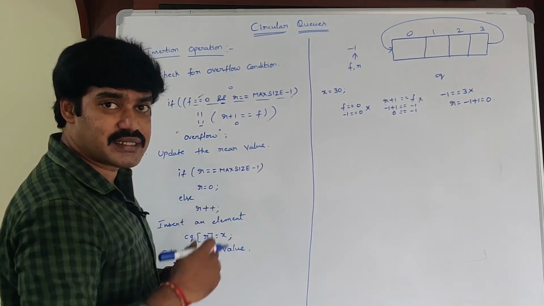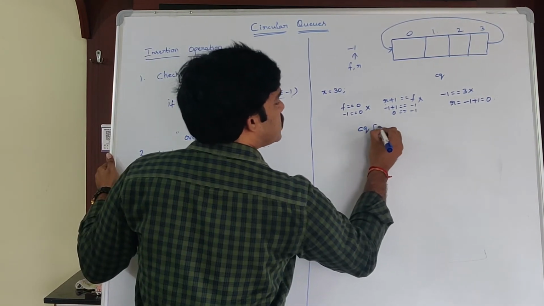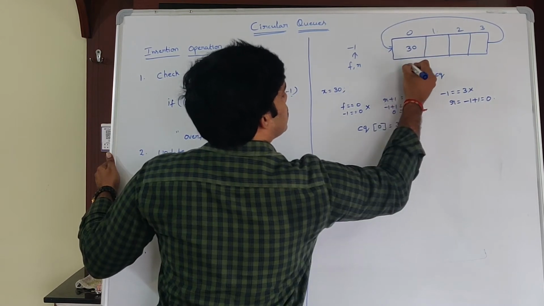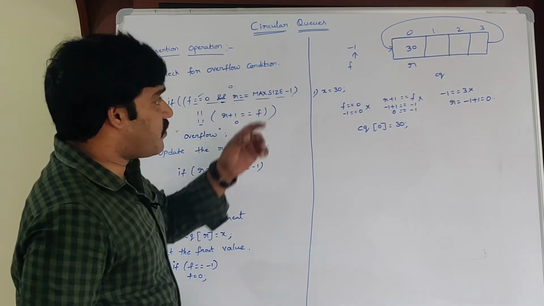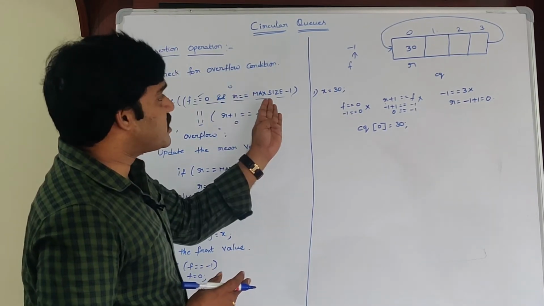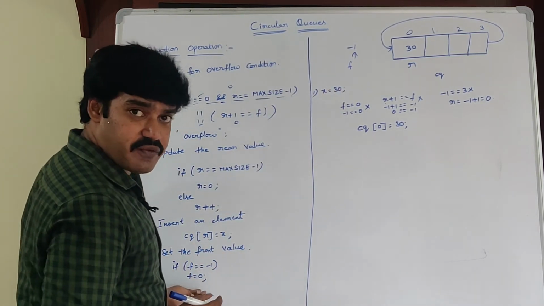Insert an element into the circular queue data structure, that is CQ of R, where R value is 0, is equal to 30. So insert the element 30. This is rear. So that is the first element inserted into the circular queue data structure. Then reset the front pointer to 0. So if F is equal to minus 1, then set F to 0.